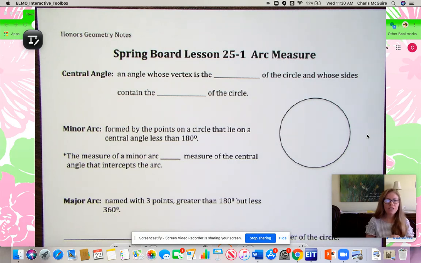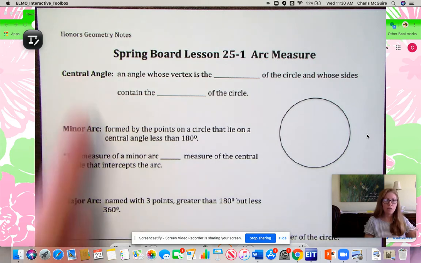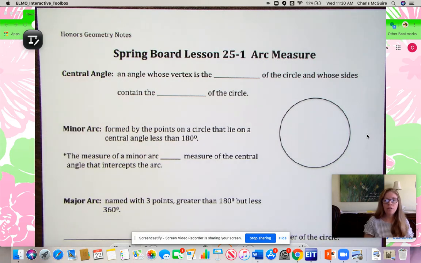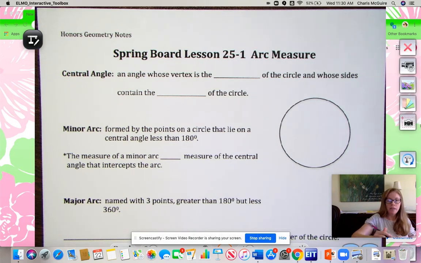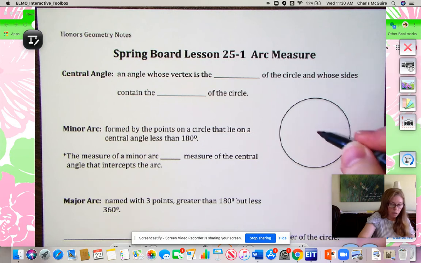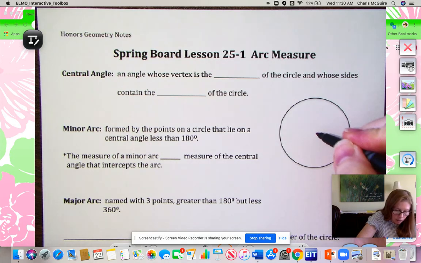Our first definition, and if you're keeping your definitions, go ahead and you can put this on your definition page, is a central angle. So a central angle, I'm going to draw you a picture real quick. Taking our circle here, this circle has a center. So go ahead and just eyeball and give this circle a center.